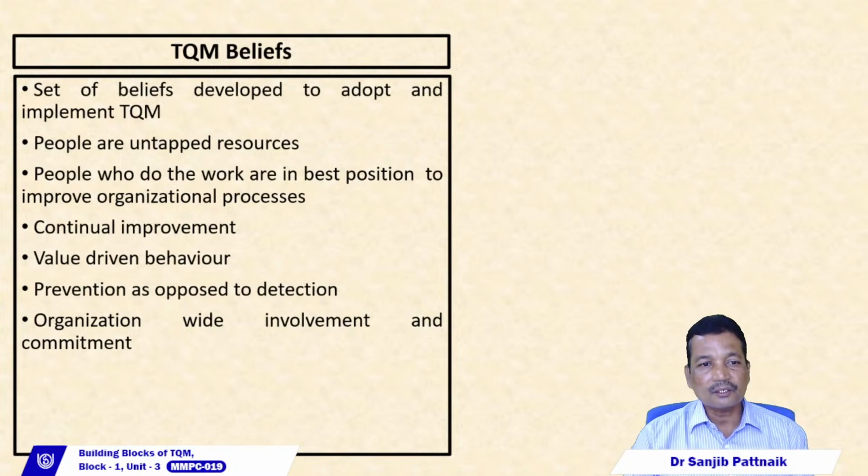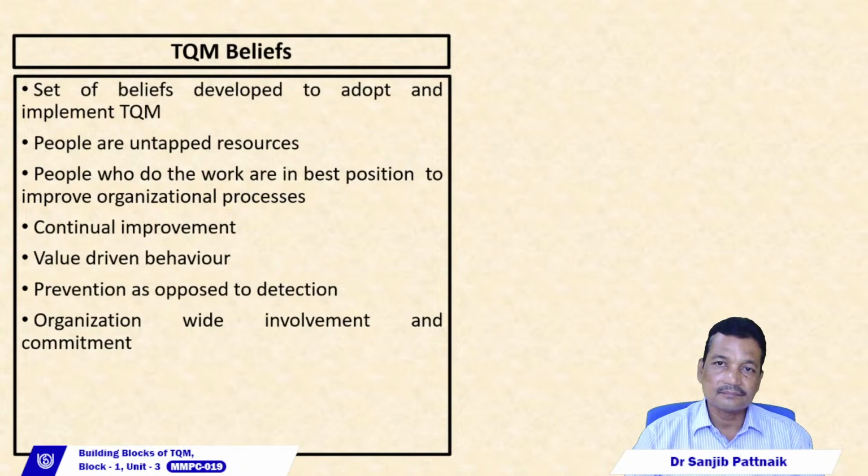The major focus of the organization is towards value driven behavior. When we talk of value, in other words, how to get the best output from a given set of inputs. The higher the outputs we get from a given set of inputs, we say that the value has increased.